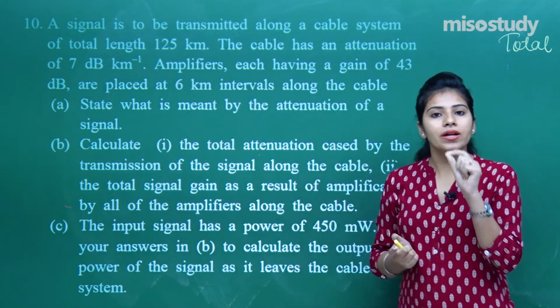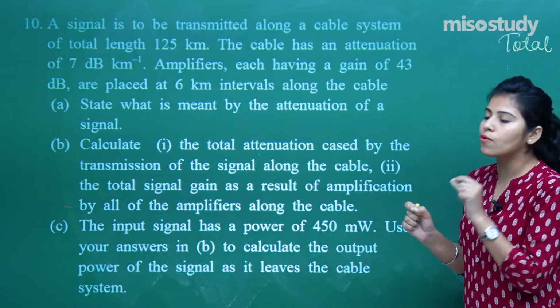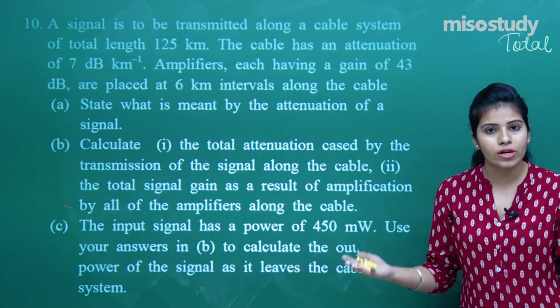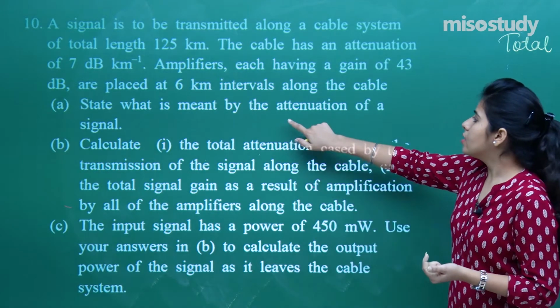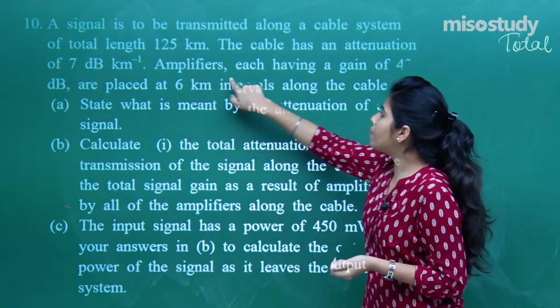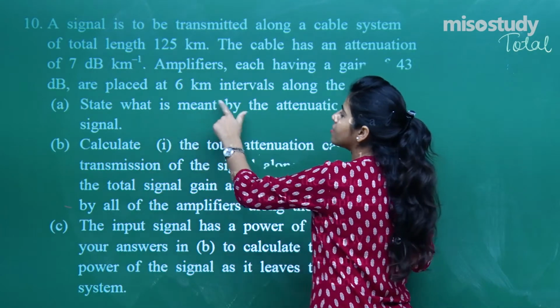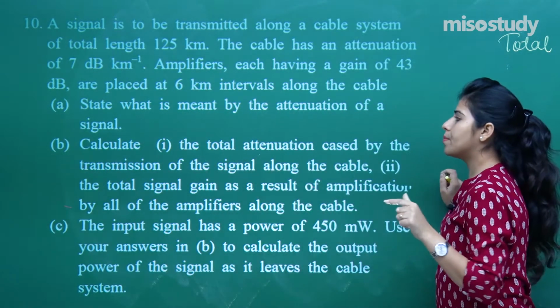See, per kilometer 7 decibel of attenuation is being done. So if I talk about the total attenuation, as I can see, amplifiers each having a gain of 43 decibel are placed at 6 km intervals along the cable.